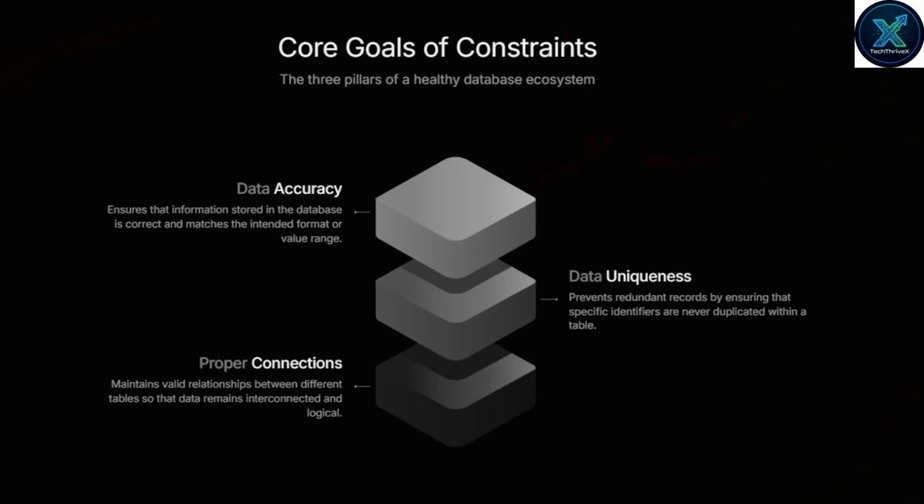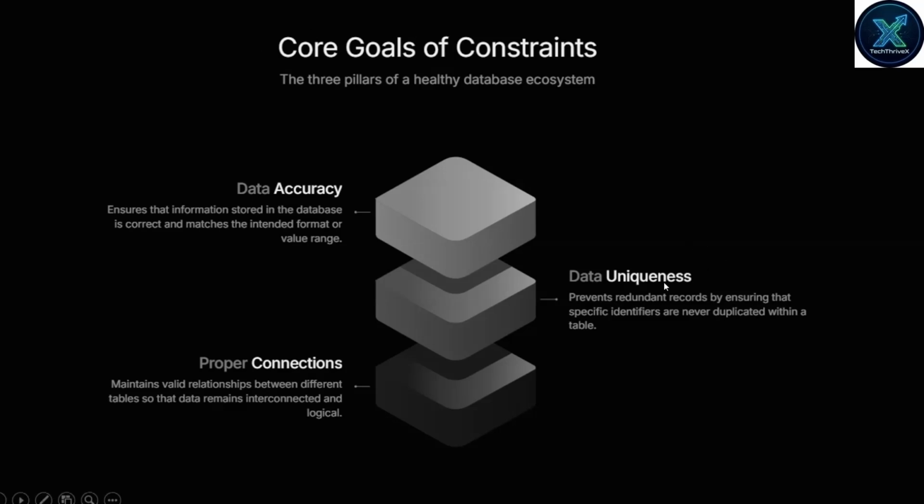Coming to the core goals of constraints, it is data accuracy, data uniqueness, and proper connection. Data accuracy ensures that information stored in the database is correct and matches the intended format or value range.